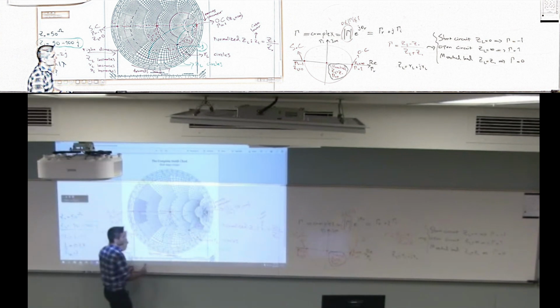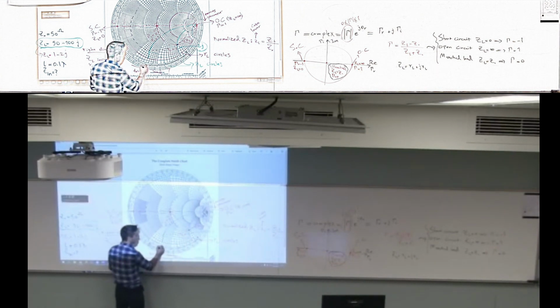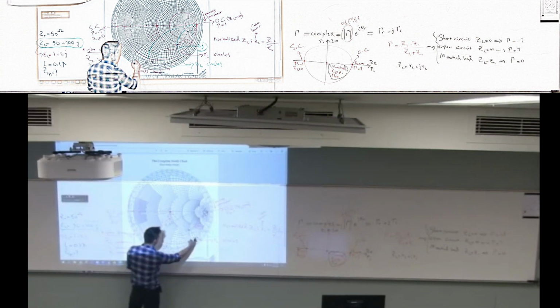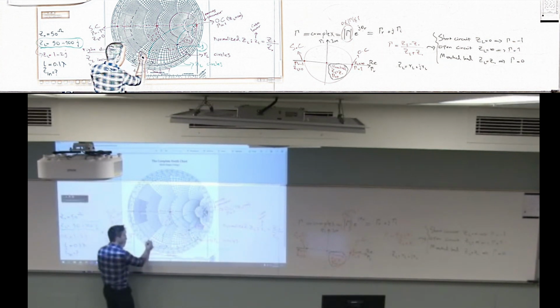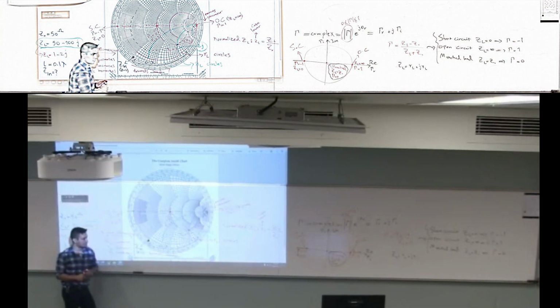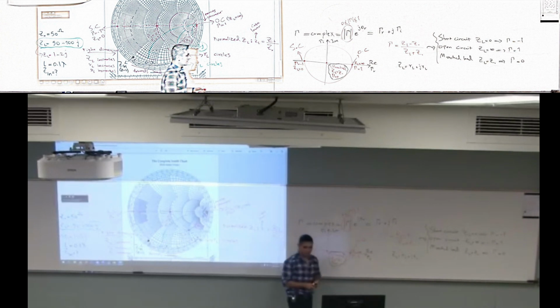So in this case, you move 0.1 lambda. I don't know how much that's going to be, but the new point, I assume around here, is going to be Zin at z equal to L.